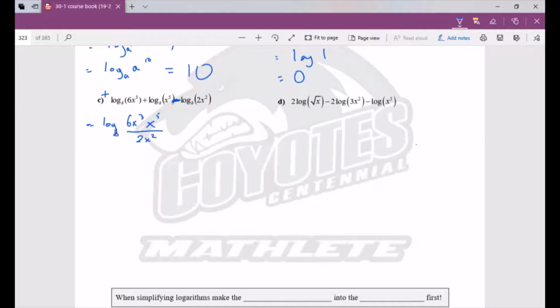This is all base b. And we now can just simplify that expression. So the logarithm gives us 6 over 2 is 3, x to the 8 over x squared is x to the 6. So logarithm of 3x to the 6, base b.